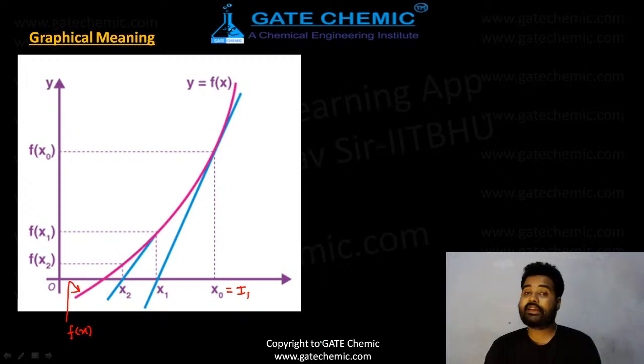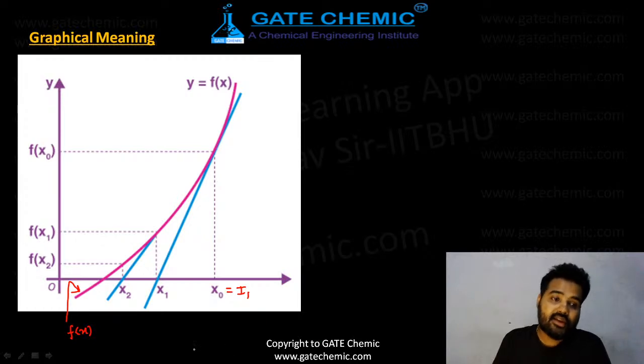Then is it the correct value, the exact value? No. Why no? You can see the origin is (0, 0), but at this x0 the value of f(x) is not 0. You can see this is not 0.